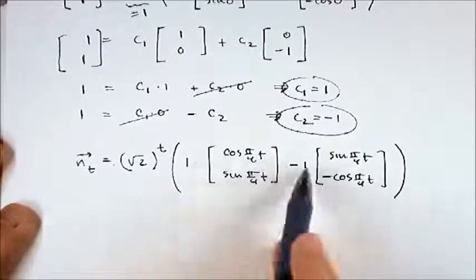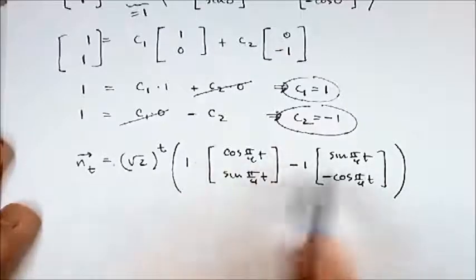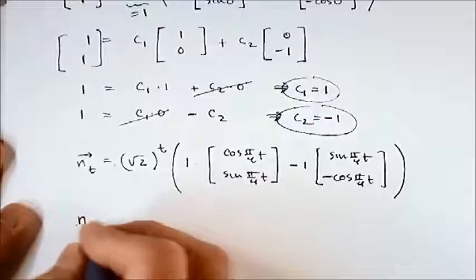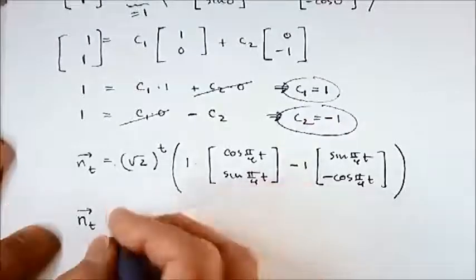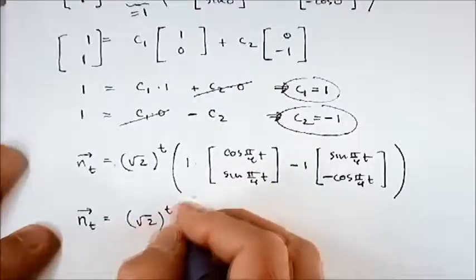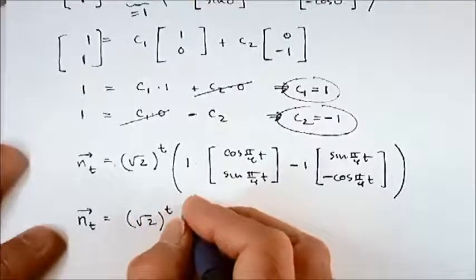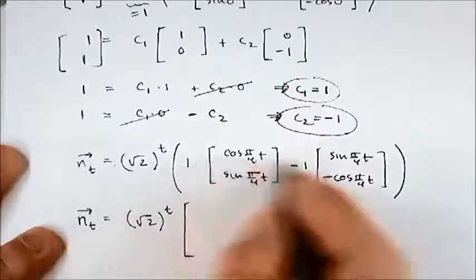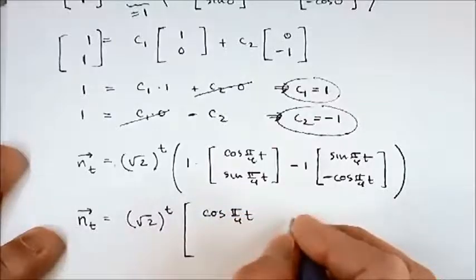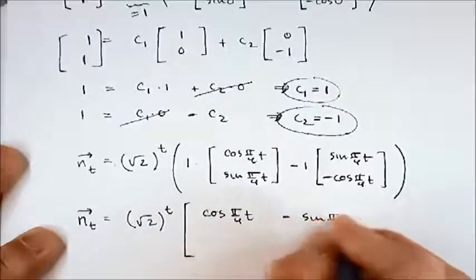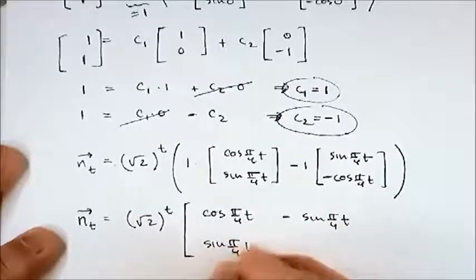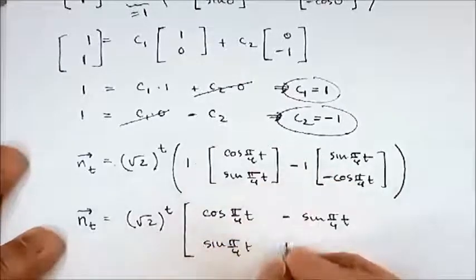And we could combine this into a single matrix. If we want to get the answer that they have in the back of the book, this is totally fine, but if we want to get that answer, we would write it like this: root 2 to the t, and then times, I'm going to make this one single matrix where my top row is cosine pi over 4t, minus sine pi over 4t, and the bottom row is sine pi over 4t, cosine pi over 4t, since negative negative makes this plus.